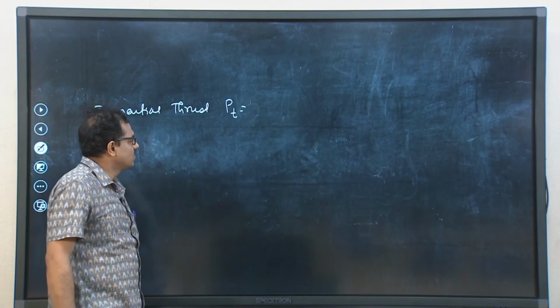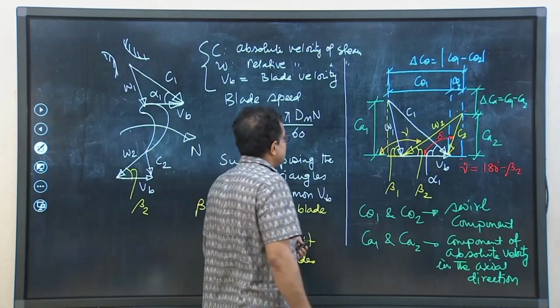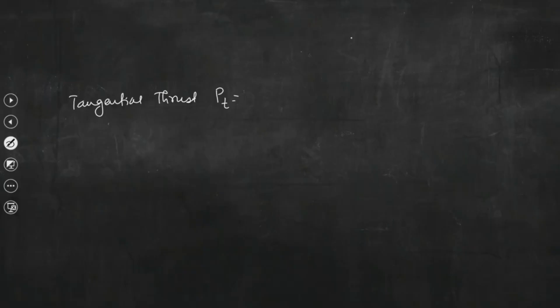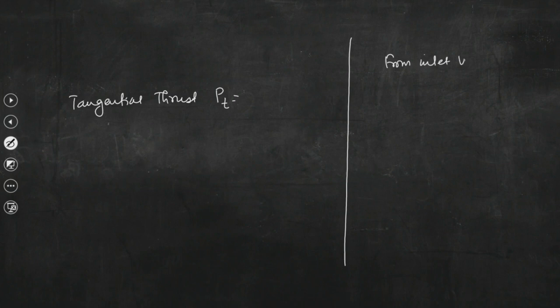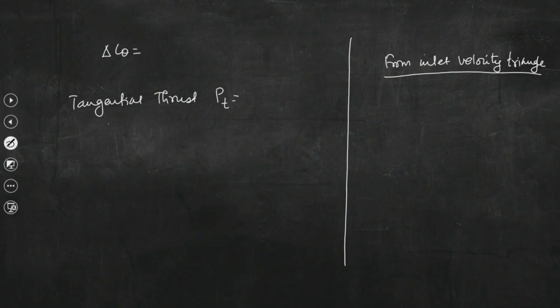From the inlet velocity triangle, it is very important to know this, delta C theta equals C theta 1 minus C theta 2.